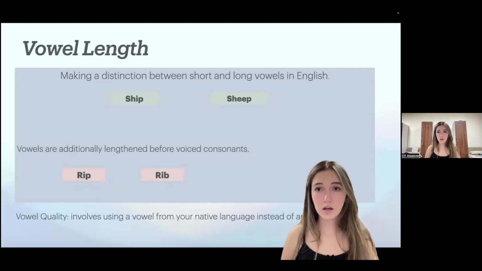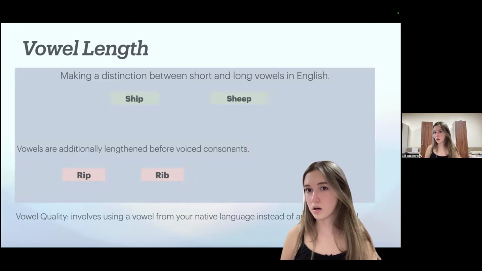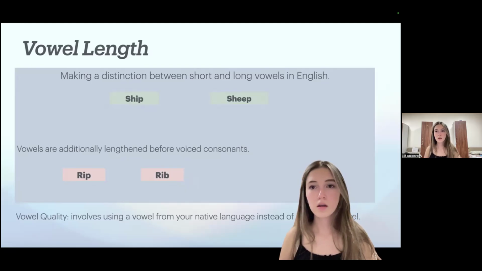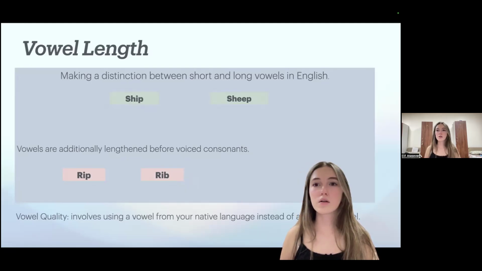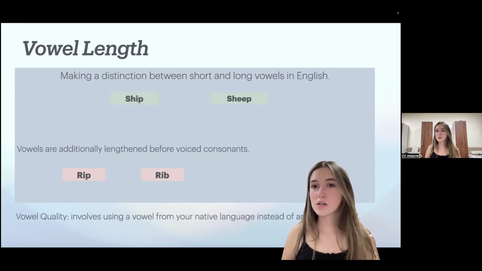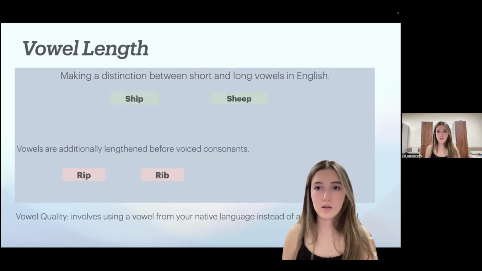So as you can tell, I say the vowel in the first one very shortly, while I say the vowel in the second one much longer than the other one because it makes a difference, even though they seem like they sound the same. For example, I cannot say, I gave some lettuce to my ship. It doesn't make any sense, right? Because how in the world can a ship eat a lettuce? So I needed to say, I gave a lettuce to my sheep.